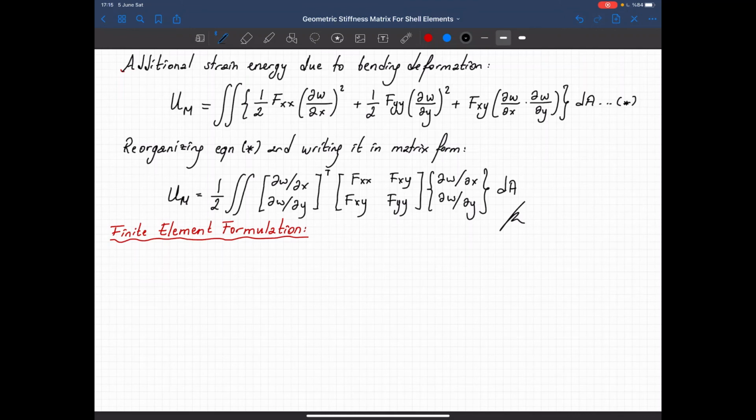Now I'll do it for the quadrilateral element, quadrilateral thick plate element. So I will use its shape functions, with bilinear shape functions.